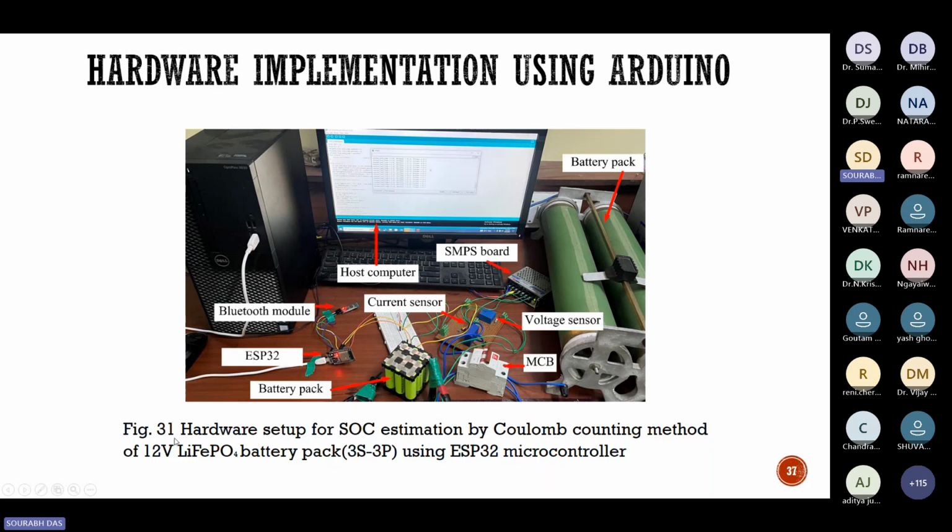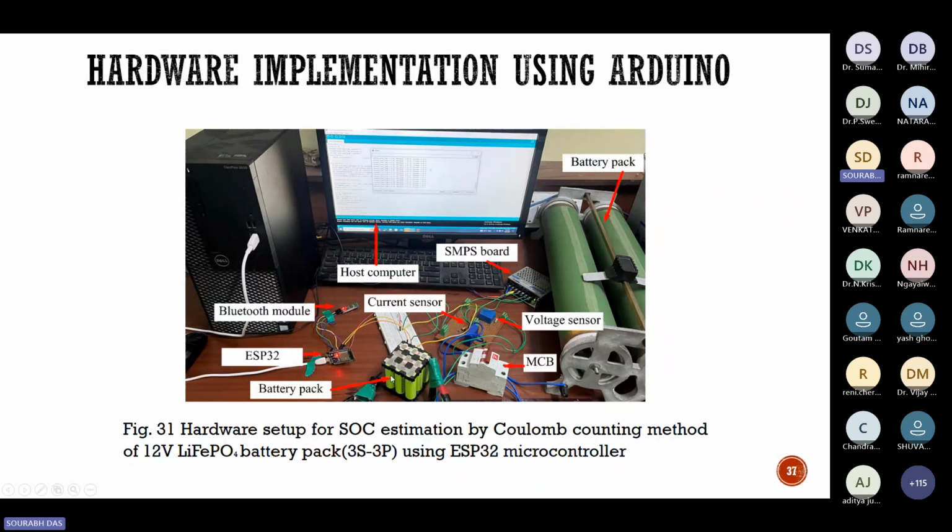In figure 31, we can see that SOC estimation has been done using the Coulomb counting method and the random forest algorithm for a 12-volt lithium iron phosphate battery pack, in a 3P configuration, using the ESP32.